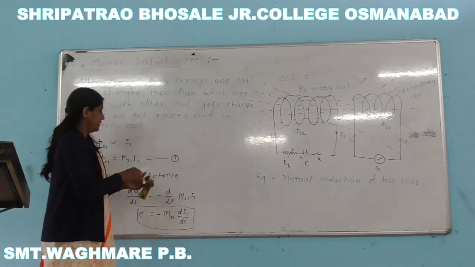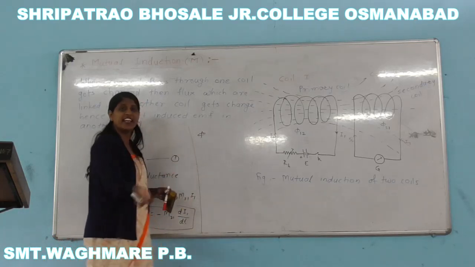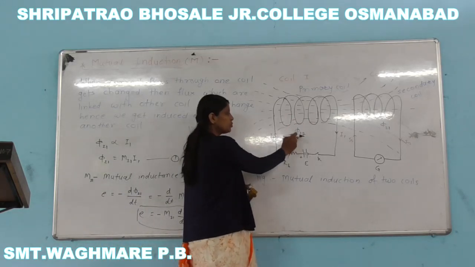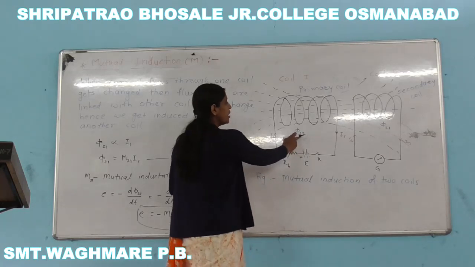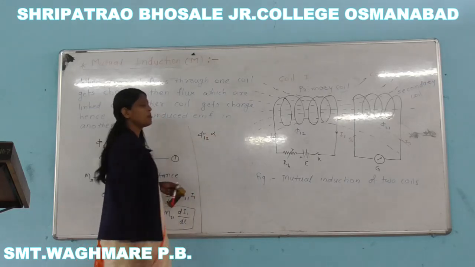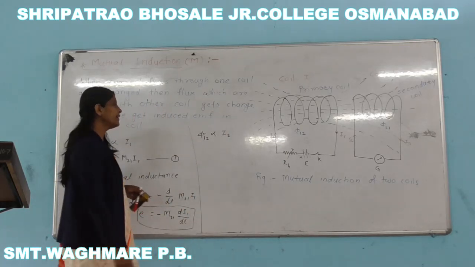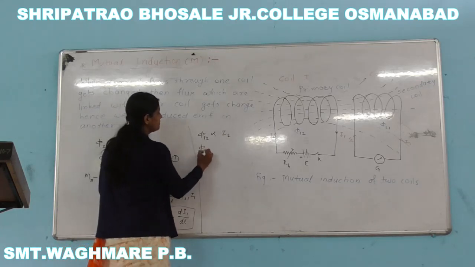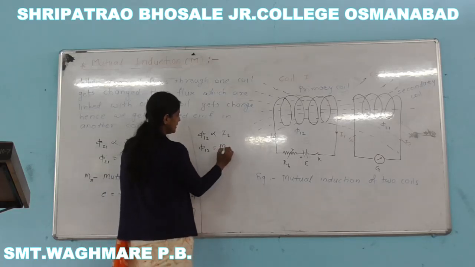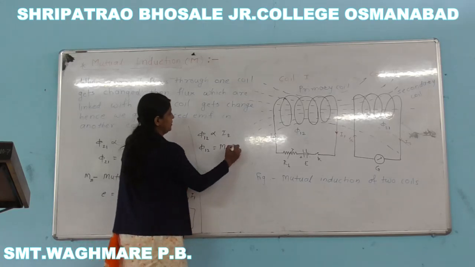The magnetic flux linked to the primary coil due to the current in the secondary coil, phi12, is directly proportional to the current in the secondary coil. Therefore, phi12 is equal to M12 into I2.